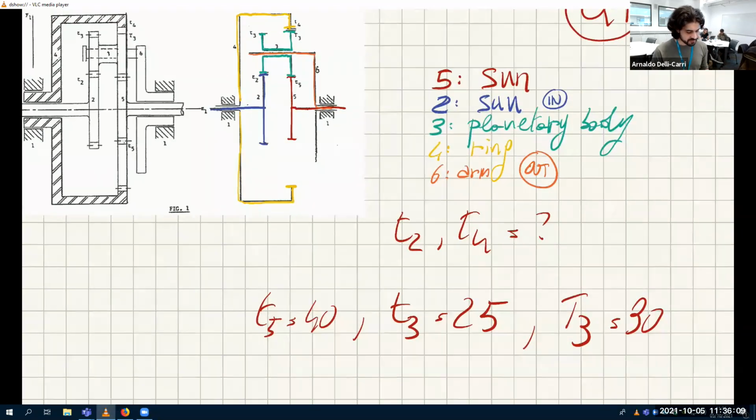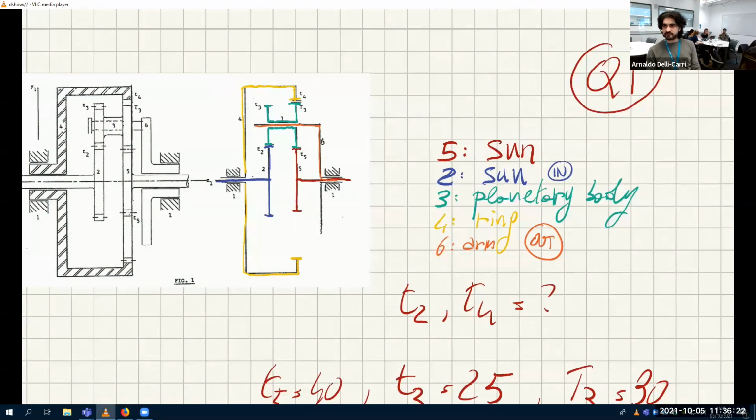Now, since we know that all the modules are the same, we want to find what must be the number of teeth in gear 2 and what must be the number of teeth in the ring gear 4. How do we do that? Well, this is the geometry. We don't know the number of teeth, but we know about the radii, because they must fit all together.